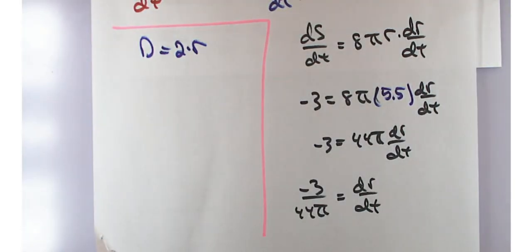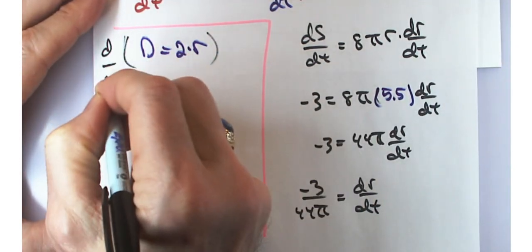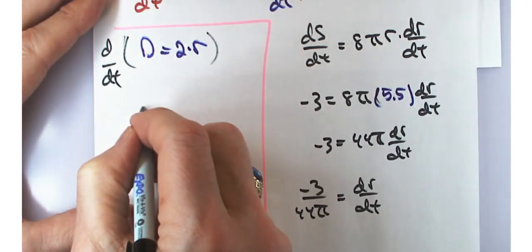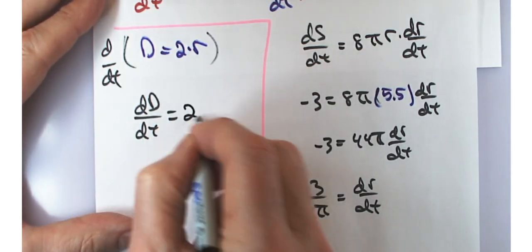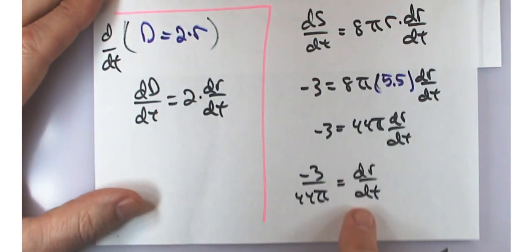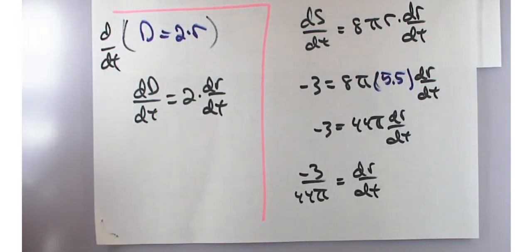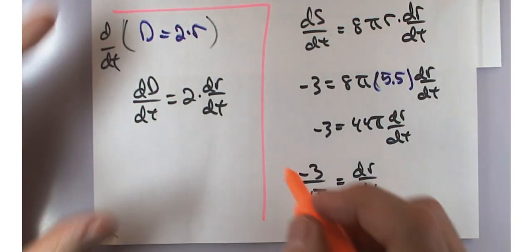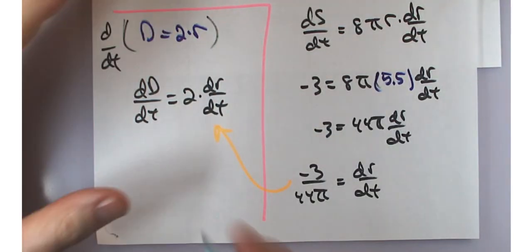So if I differentiate this with respect to t, I'll get dd by dt equals 2 times dr by dt. And I know what dr by dt is. It's this. So I'm just going to plug this in here and get my answer for dd by dt.